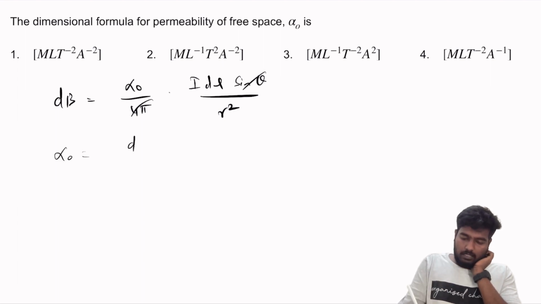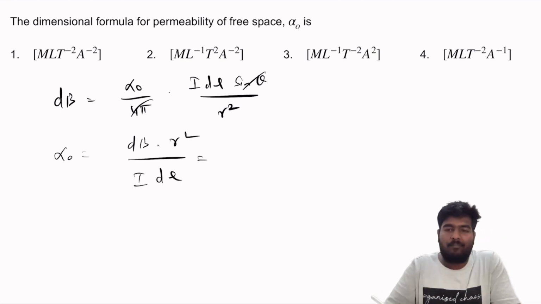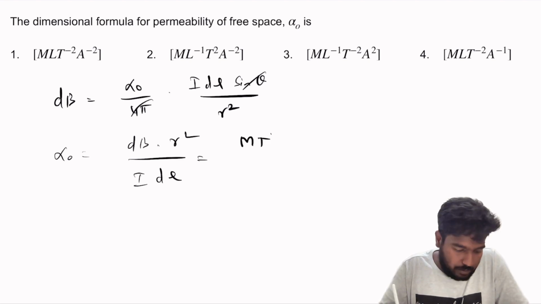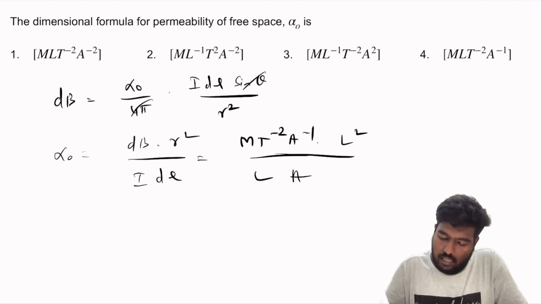dB into r square divided by I into dl. dB is just the magnetic field, so you get M T power minus 2 A power minus 1, and the r square is L square divided by L A power 1.